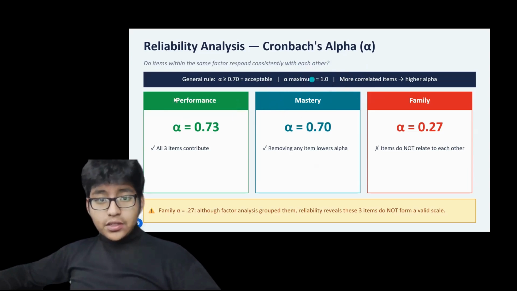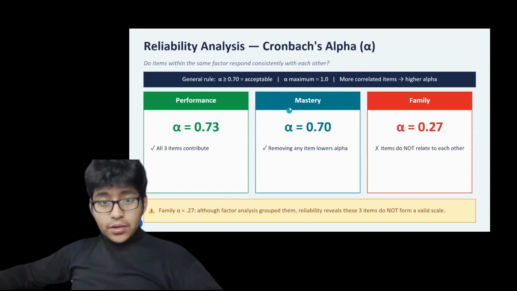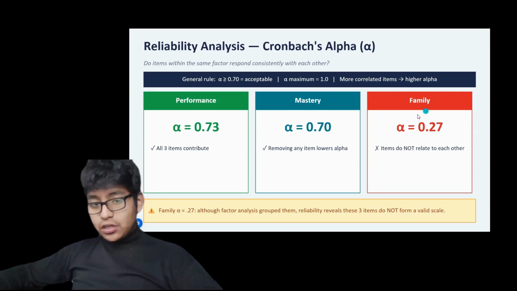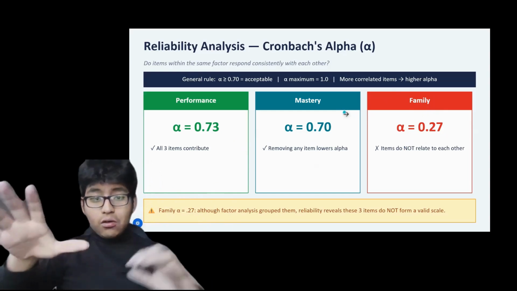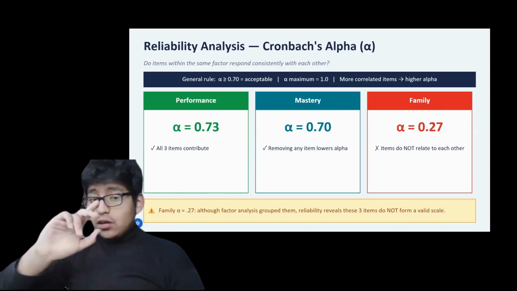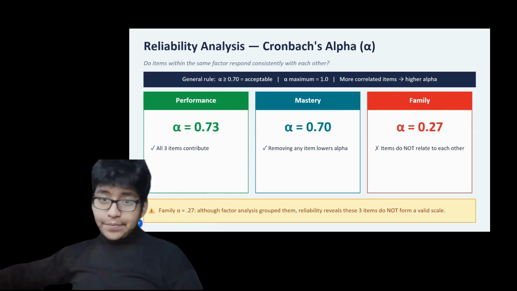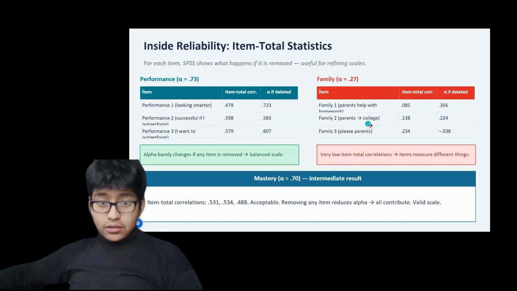In this example, performance has 0.73, mastery just 0.7, and these values are good, but family just 0.27. That is very low, so family is not a good group.